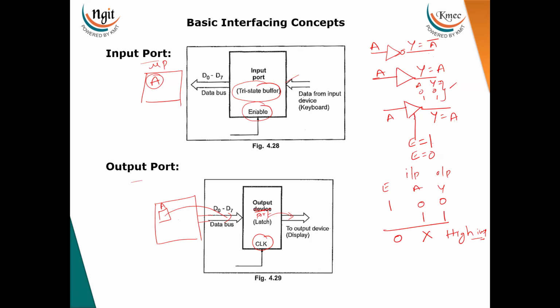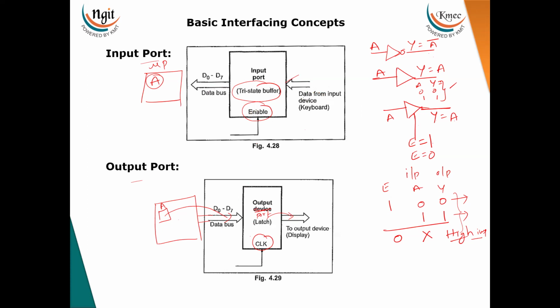So this tri-state buffer has 2 inputs, 1 output, and 3 output states: logic 0, logic 1, and a high impedance signal, which is in between. In this high impedance mode, no signal and no current flows. This tri-state buffer will not store any data; it just transfers the data. Whatever data is given by the input device is placed on the data bus when the enable signal is applied.